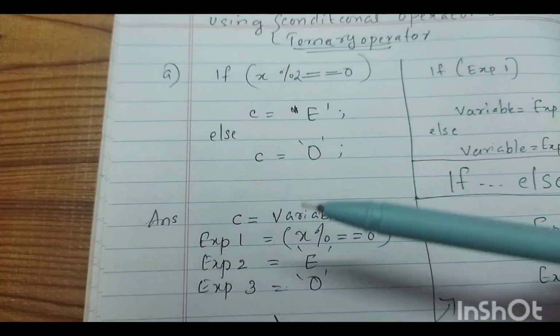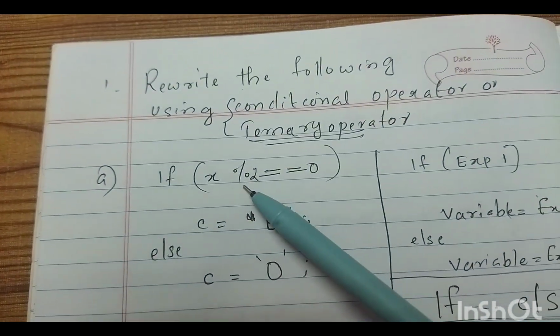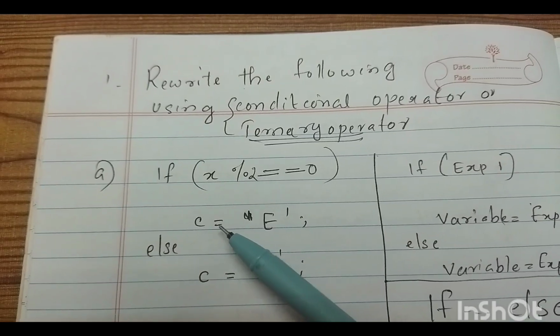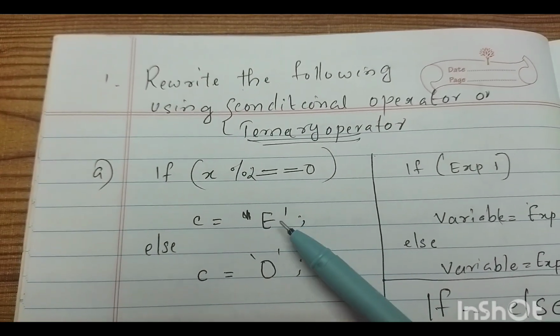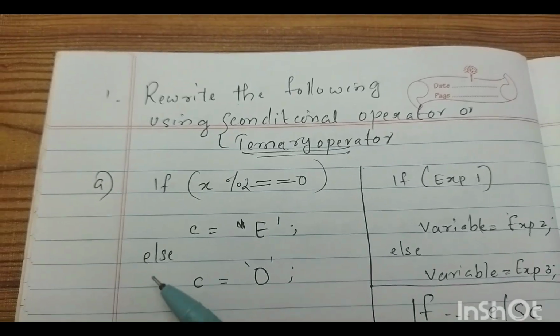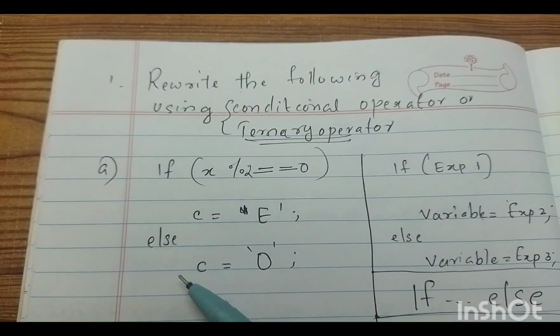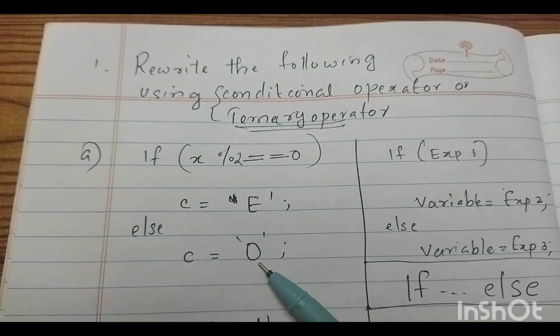The question is like this: if x mod 2 equal to 0, c is a character variable in which we store the letter E. Else, that is x mod 2 not equal to 0, the else condition will be executed, and the character O will be stored.